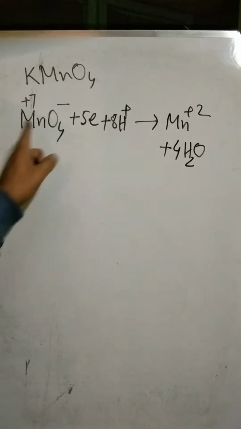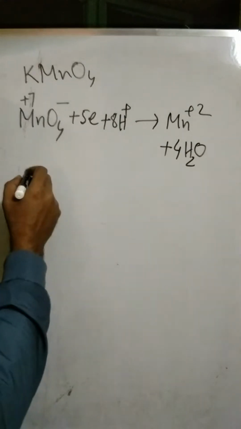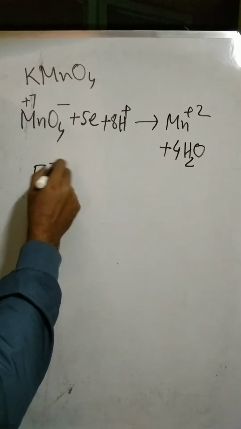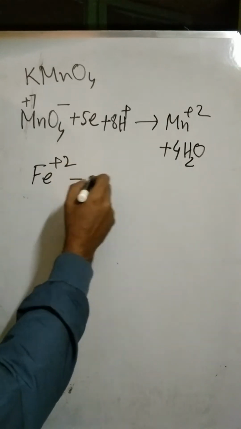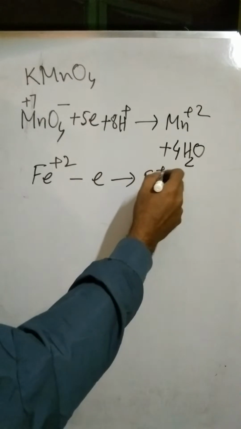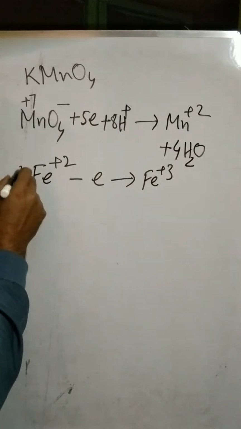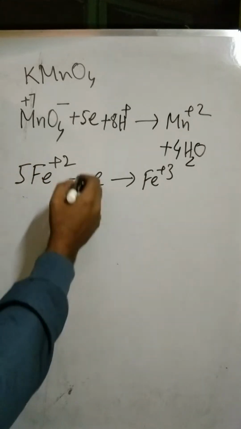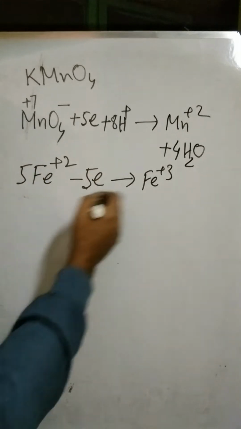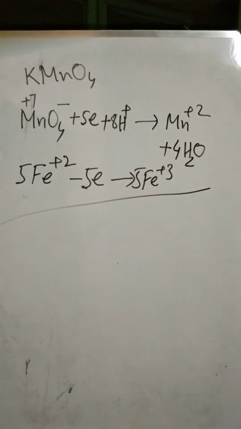Okay, so where there is a reduction, oxidation must occur somewhere also. Here Fe plus 2 is given, and Fe plus 2 will get oxidized by releasing 1 electron to form Fe plus 3 ion. Now how can we balance the number of electrons? Just by multiplying this equation by 5. So 5 Fe plus 2 by releasing 5 electrons form 5 Fe plus 3. Just add those two reactions.